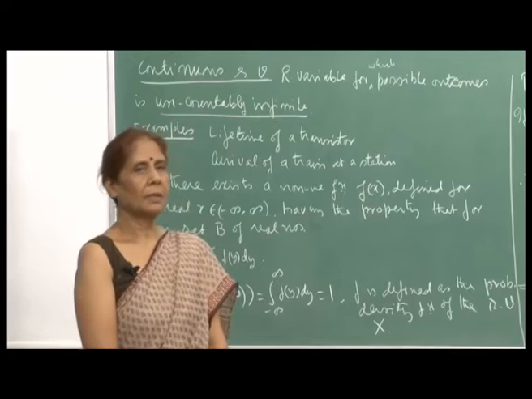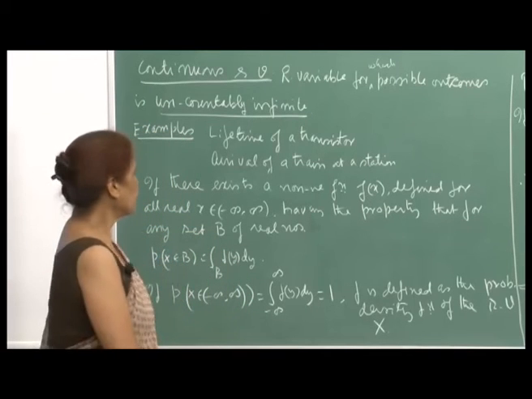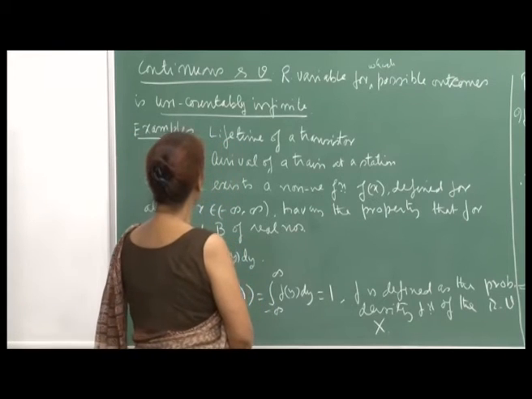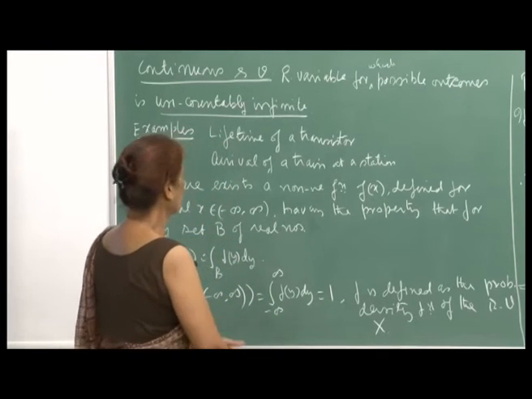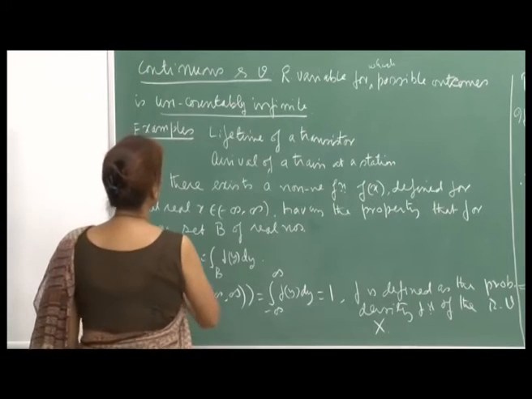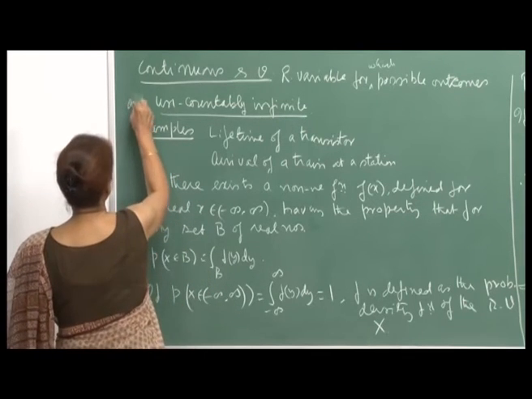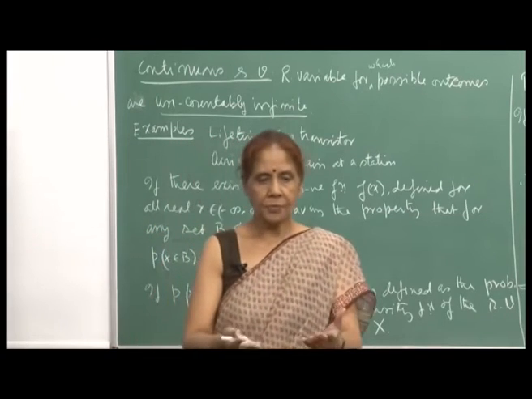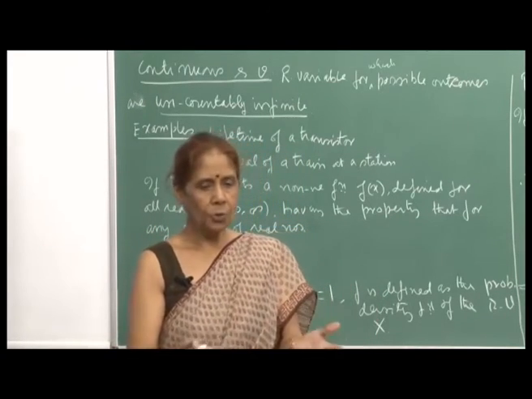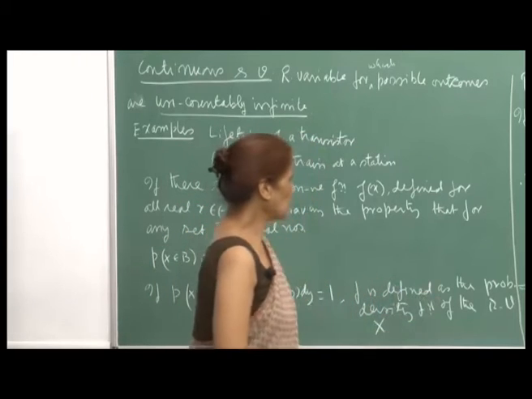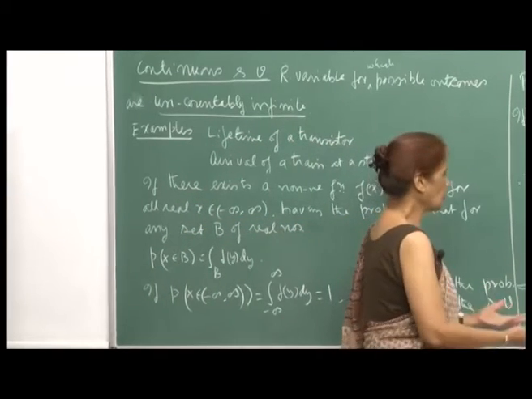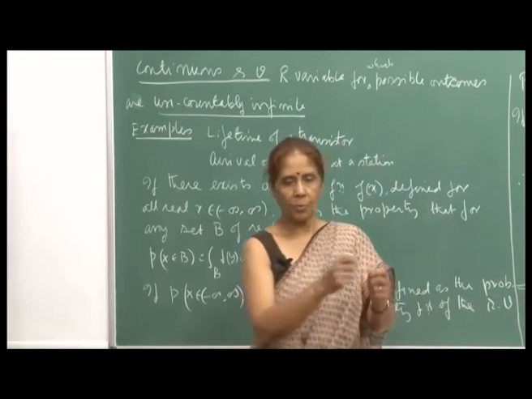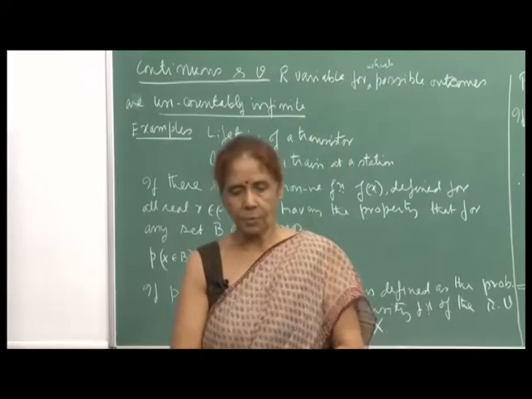Essentially, these are random variables for which the possible outcomes are uncountably infinite. Here you cannot count, and therefore, for example, if you take a subset in R 2, then the number of points is uncountable. Similarly, if you take an interval on the real line and consider all possible real numbers, that is an uncountable set.